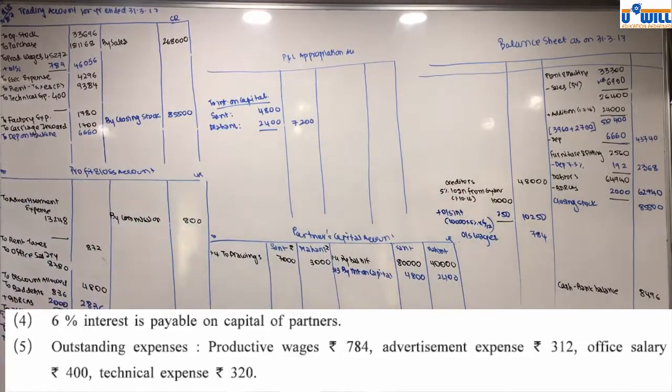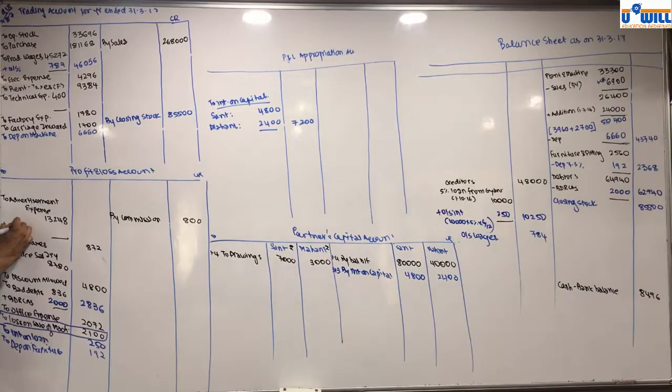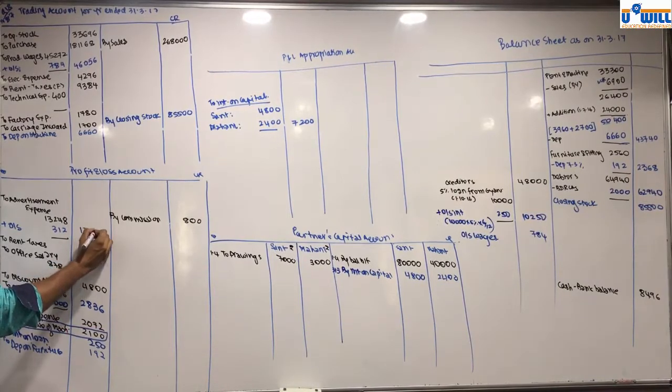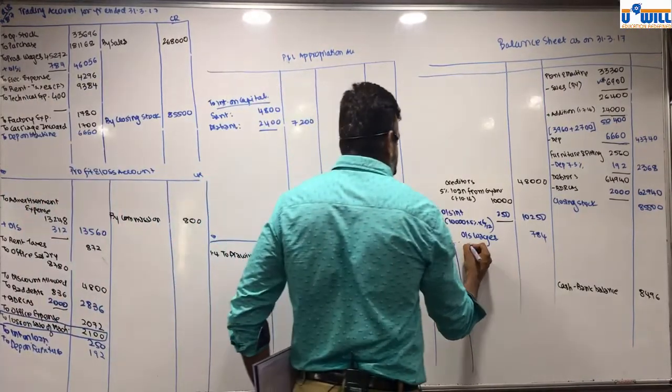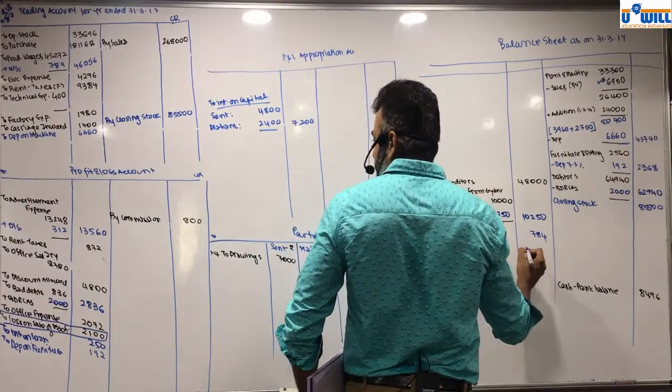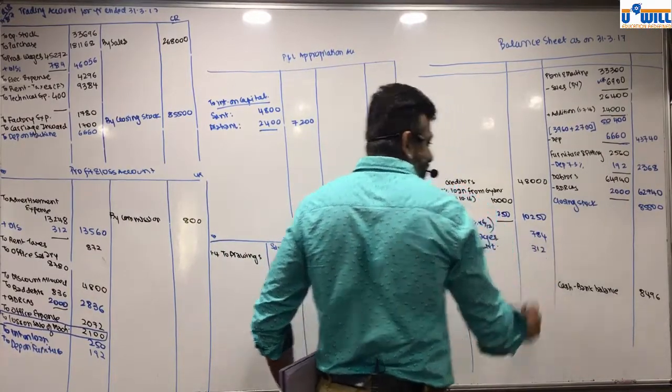Advertisement expense 312 plus outstanding 5,60. 312.